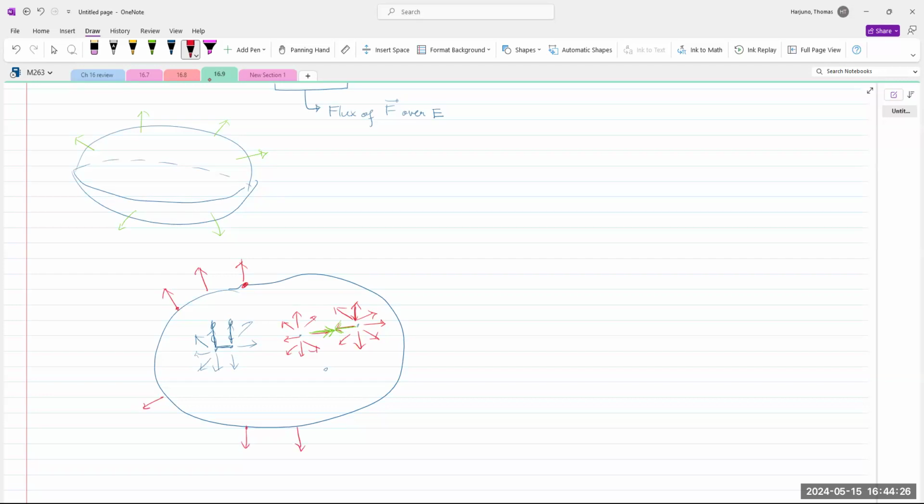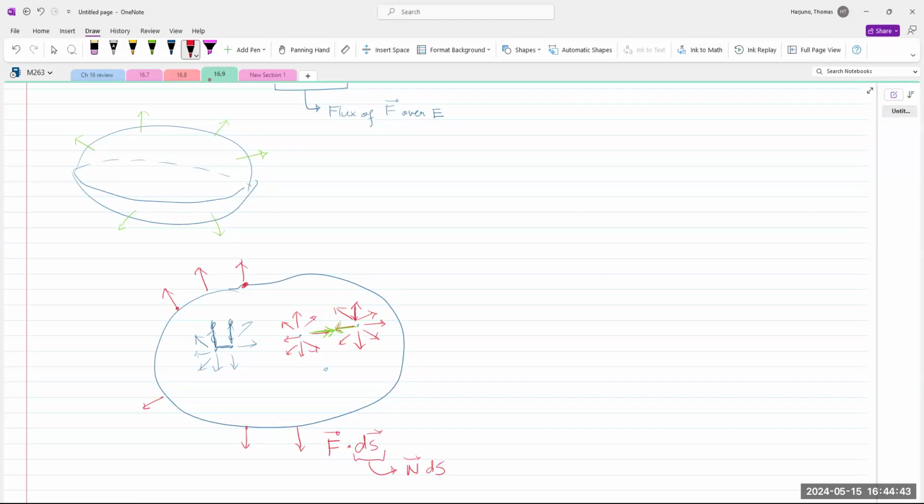Which is basically the vector field dot the directional surface. And notice that this is actually represented by the normal vector dS.